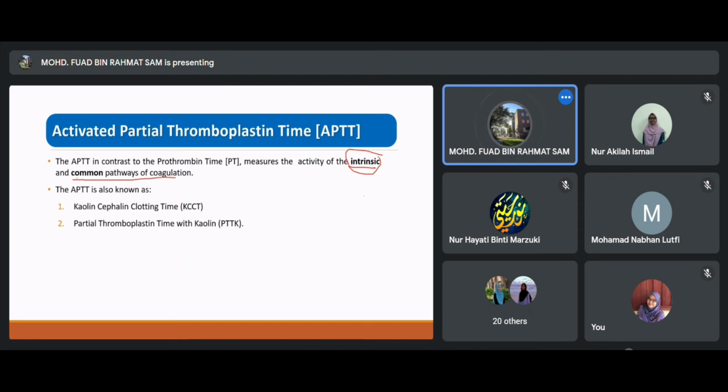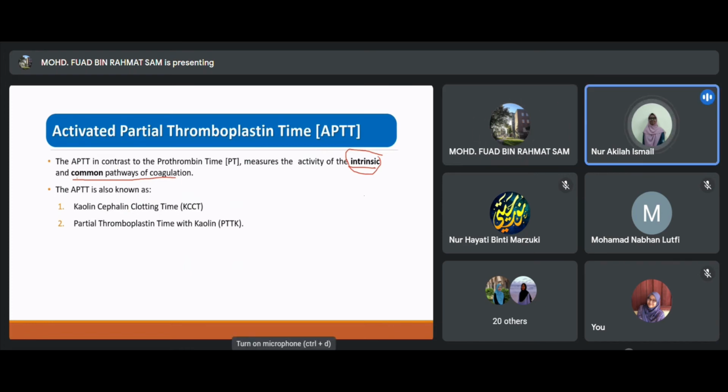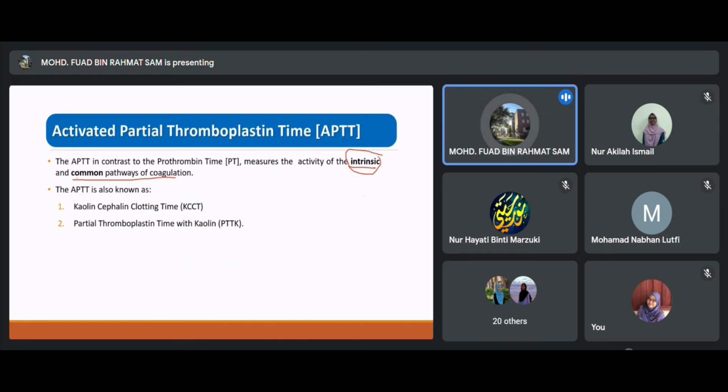Remember, for PT which pathway do we measure? Extrinsic and common. Yes. Both PT and APTT can measure the common pathway, but one of the main differences is that APTT measures the intrinsic, while the PT measures the extrinsic.